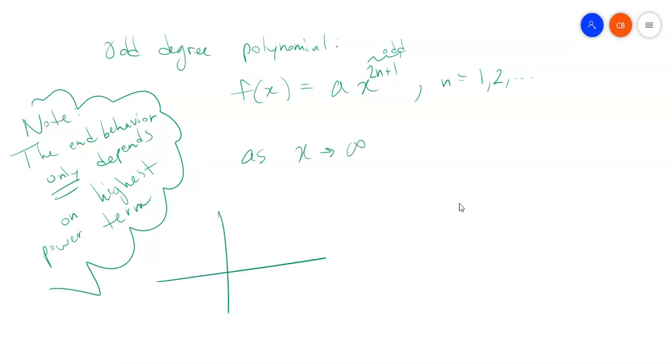and here let me draw a picture of what odd degree polynomial would look like. It doesn't matter very much about it. It will look similar to the cubic function. The same way that every even degree polynomial ends up looking on the ends like a parabola, like the way the quadratic function looks. It's the same thing with the odd degree polynomial.